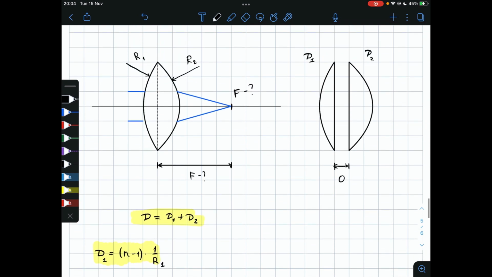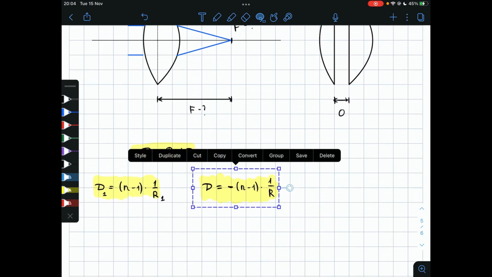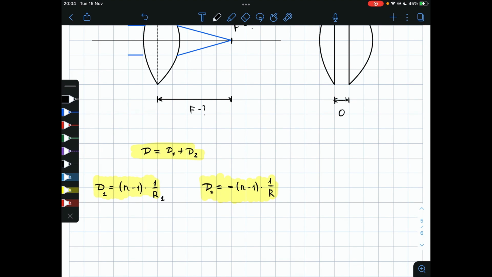The second lens has a plane concave surface, and we know the formula for that. I will duplicate these two and move them here. D2 is equal to minus n minus 1 times 1 over R2.